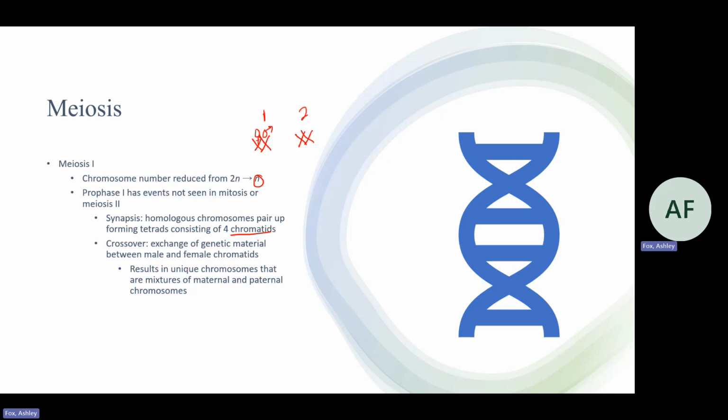During this time, we have what we call crossover, where a piece of maternal genetic material can go over to paternal, and then we swap them. Little pieces can swap between maternal and paternal chromatids so that we're getting new combinations.